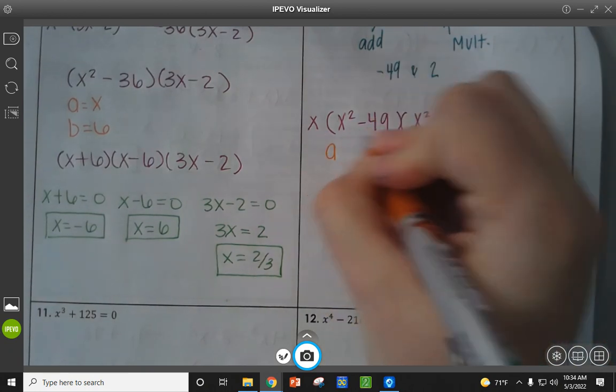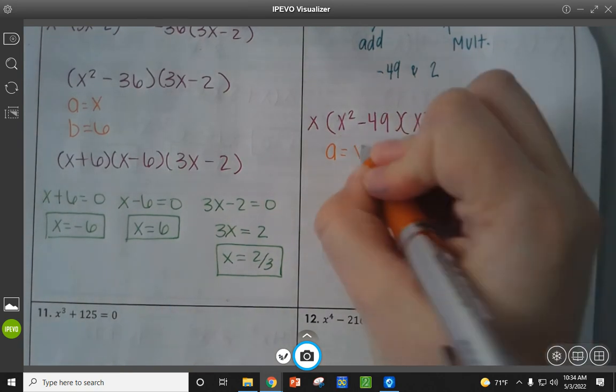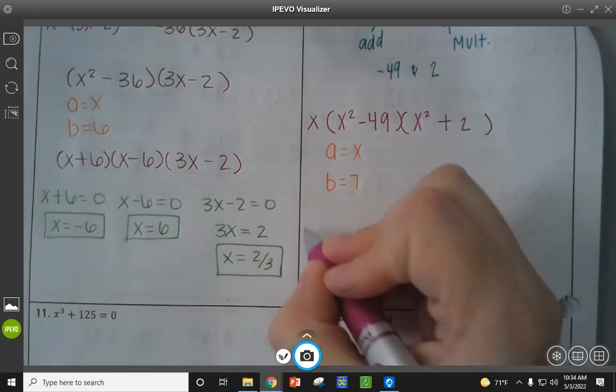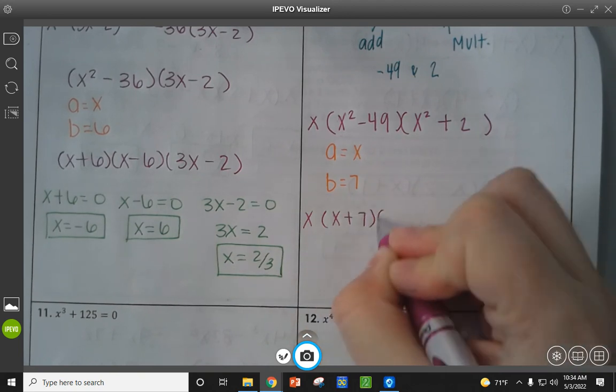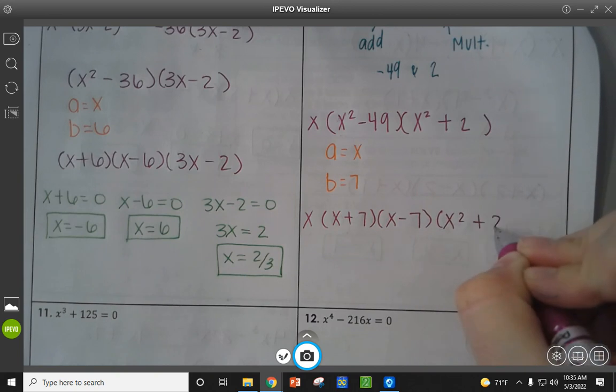So just this middle thing right here. So A, what is your A? x, B, 7. So we've got x plus 7, x minus 7, x squared plus 2.